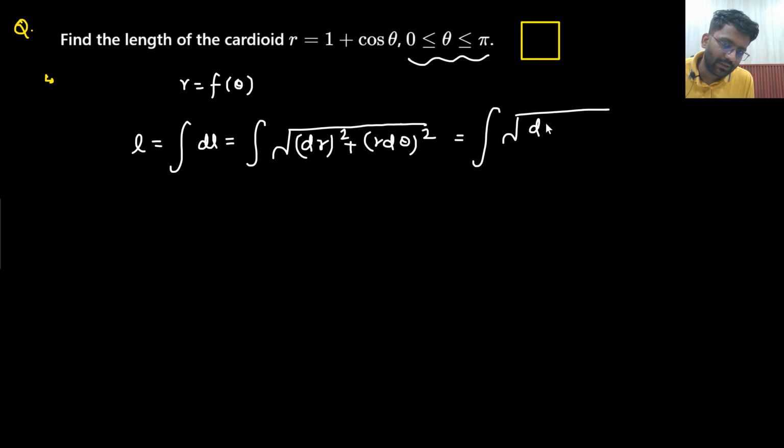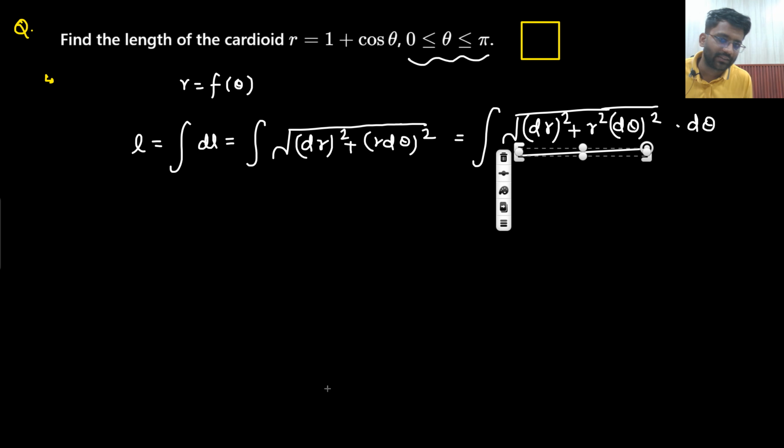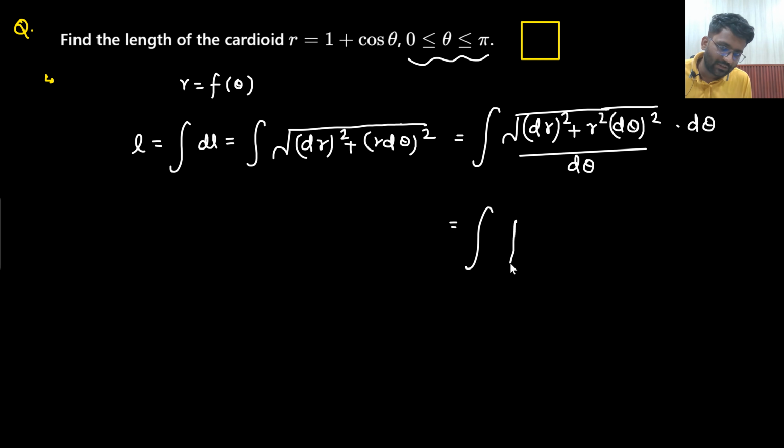So sir, this is your dr square, and this is your r square outside d theta square. Right? Now I will have to multiply with theta, and if I am multiplying with theta, I will have to divide with theta as well. If this theta goes inside, it will become theta square because there is under root.